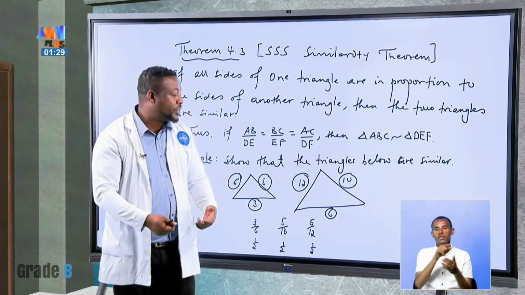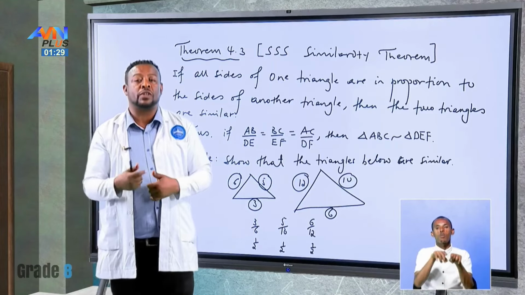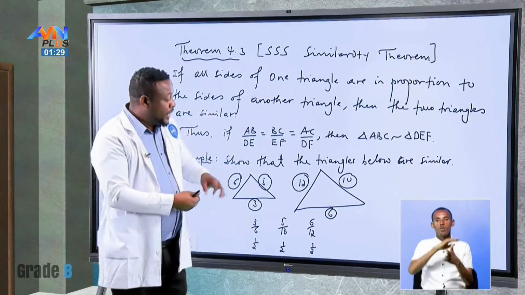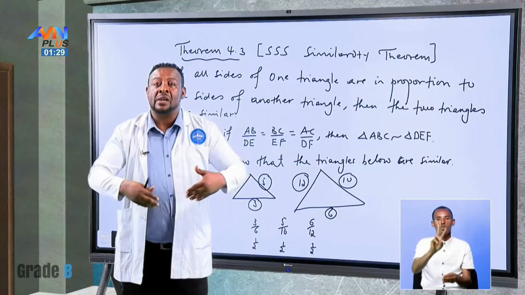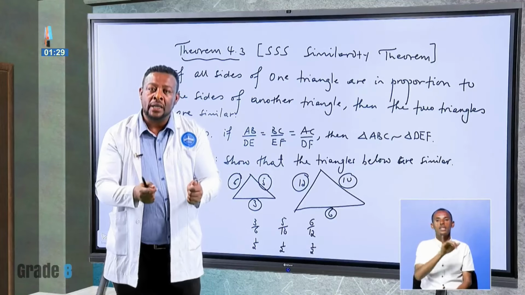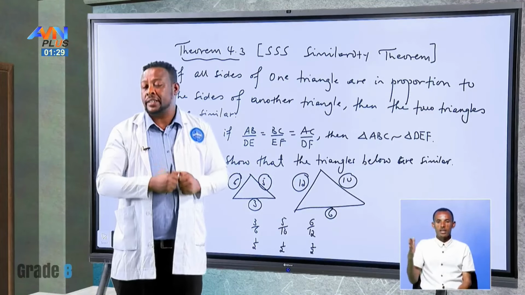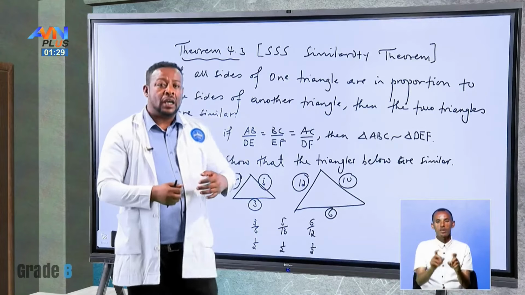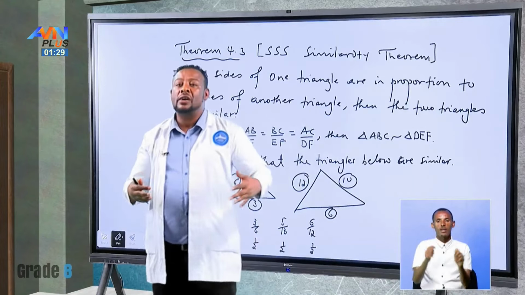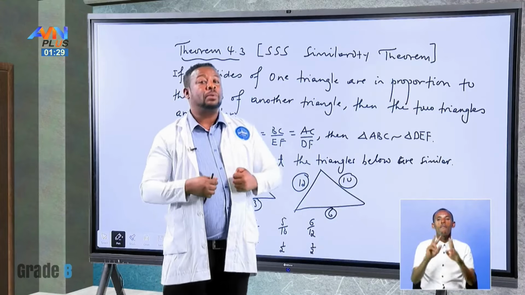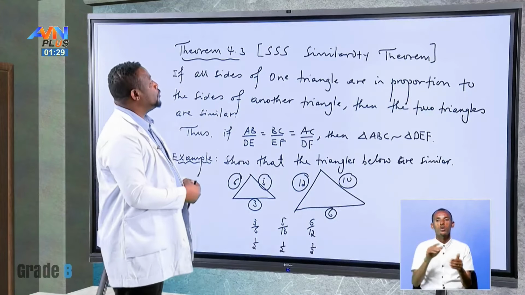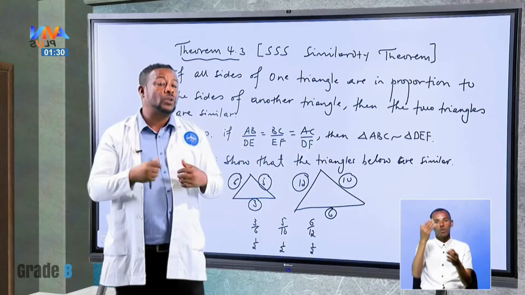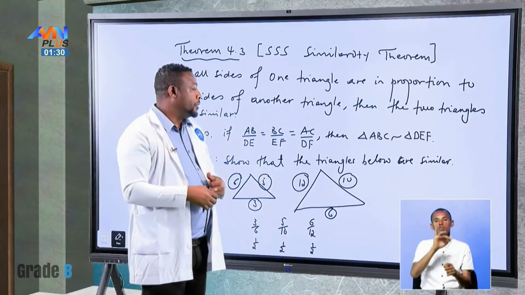There is a constant of proportionality, which is 1 over 2. So from this, we can conclude that the given two triangles are similar by side similarity, right? So checking whether two triangles are similar or not is a very simple approach. You can use those three theorems to determine whether two triangles are similar or not. Good.